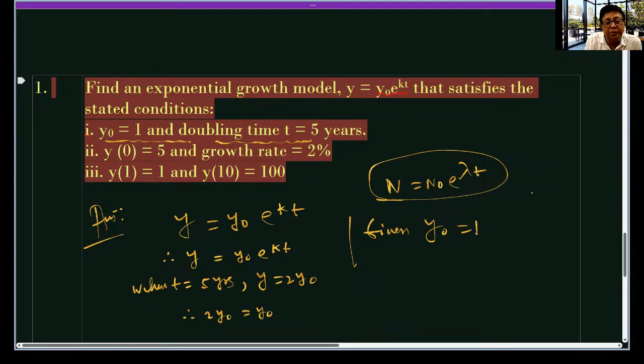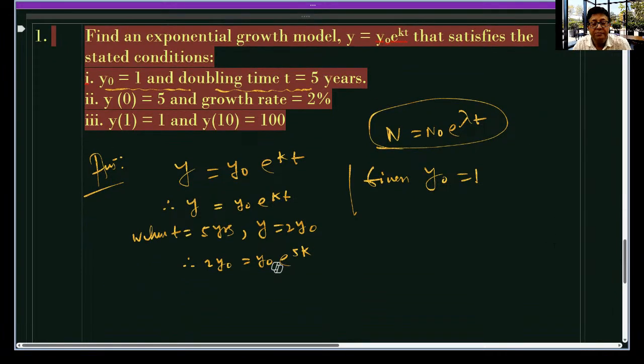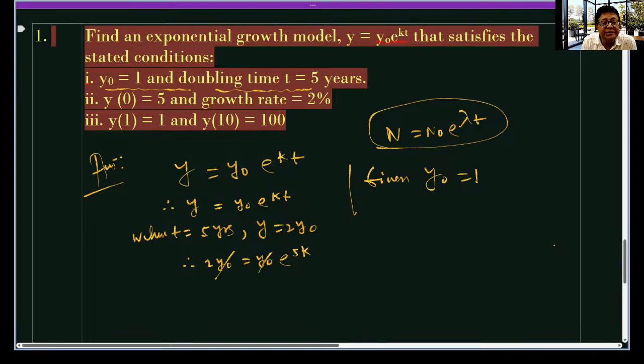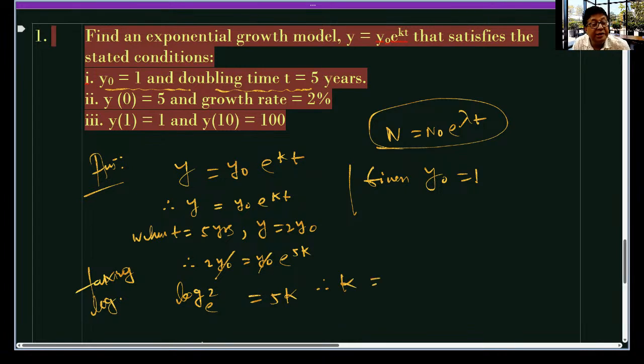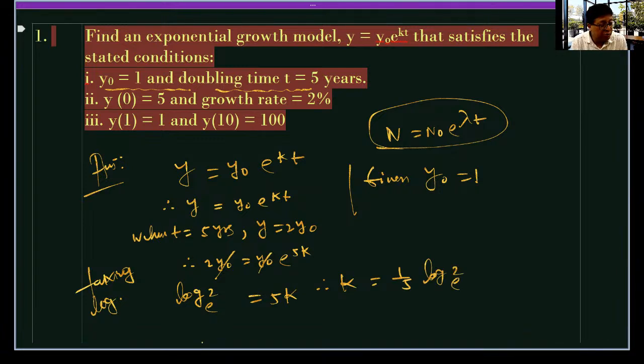So 2y0 equal to y0 e to the power 5k. These two get cancelled. Taking log of both sides, it will be 5k. So what is the value of k over there? The decay constant, the rate of decay; in case of growth, the rate of growth. The value is 1 by 5 log 2 base e.